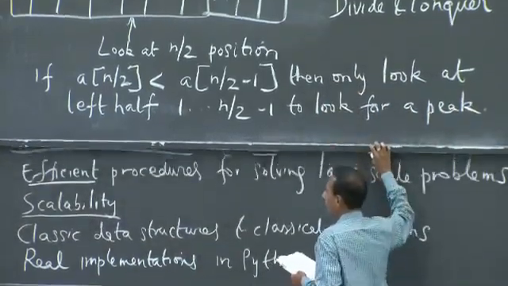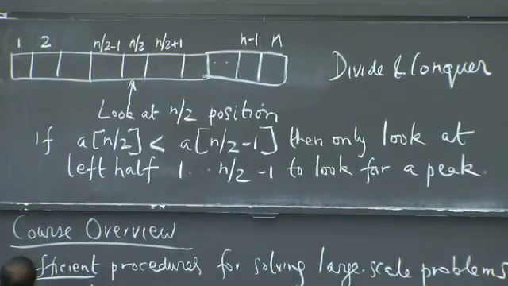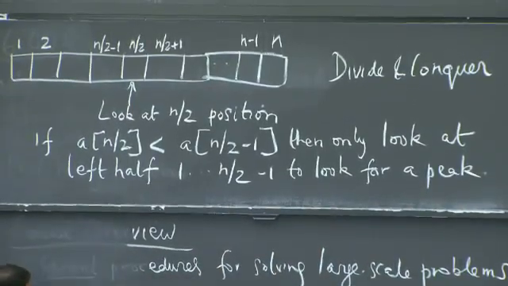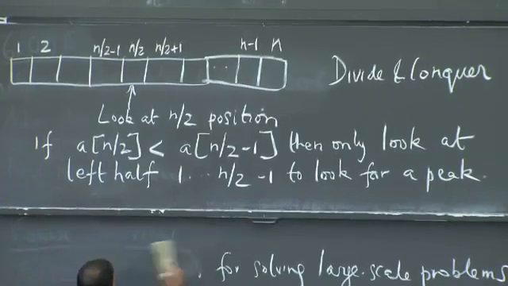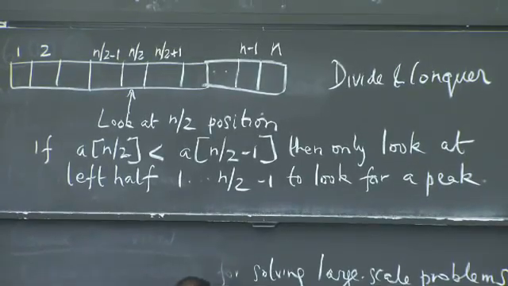Right? So that's step 1. And I could have done the right-hand side or the left-hand side. Doesn't really matter. I chose to do the left-hand side first, the left half.